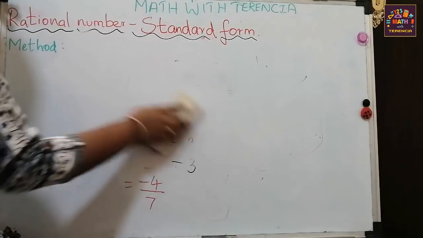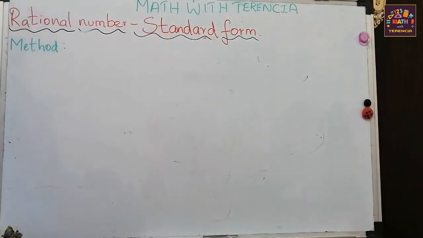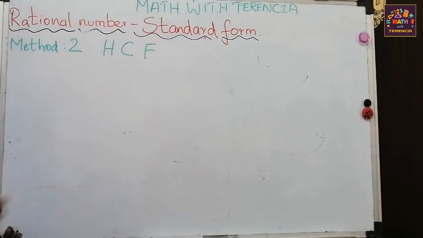I always use the word common factor, common factor. That is the key word for method 2. So I'm going to find the highest common factor, HCF or GCF.